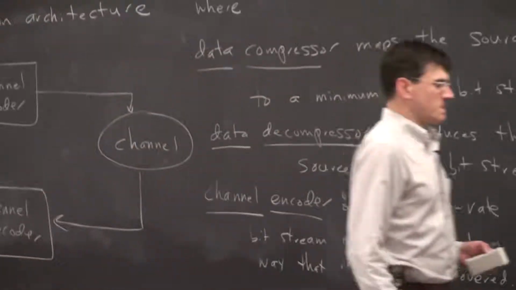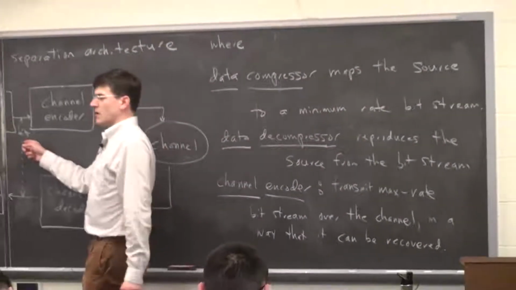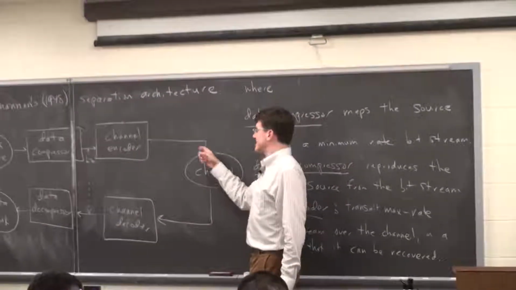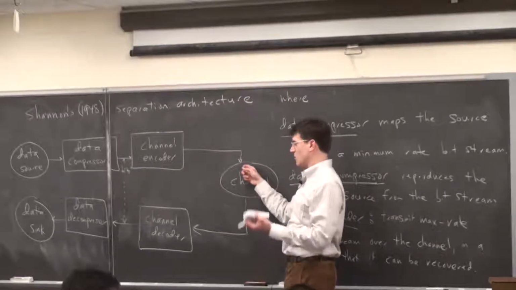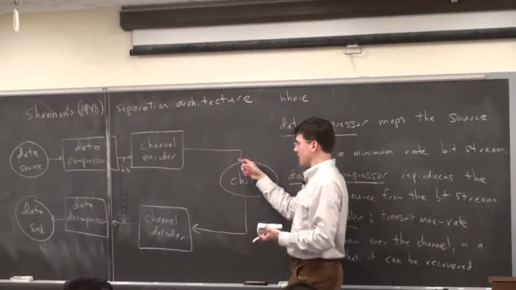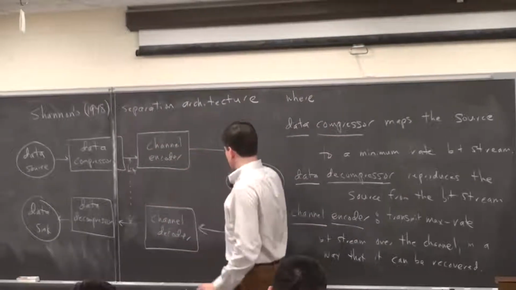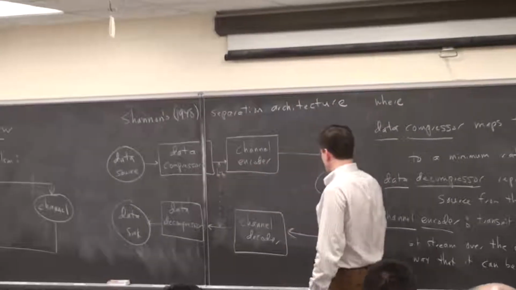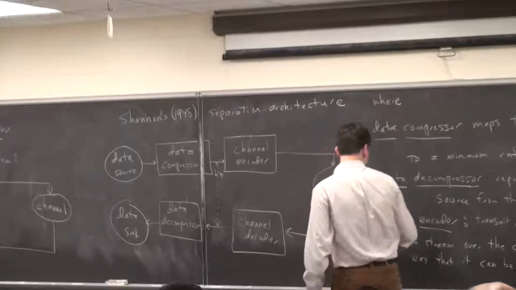Maybe I should say transmit instead of encode, otherwise it looks like I'm using the word I'm defining in the definition. So the channel encoder is going to get a bit stream and map that bit stream to a signal that can go over the channel. So a light intensity signal that can go over the cable, or a voltage signal that goes over the twisted pair, whatever. It takes bits and maps them to an analog signal that goes over the channel in a way that you can recover the bits from the output of the channel. And the channel decoder is going to recover the bits from the output of the channel.